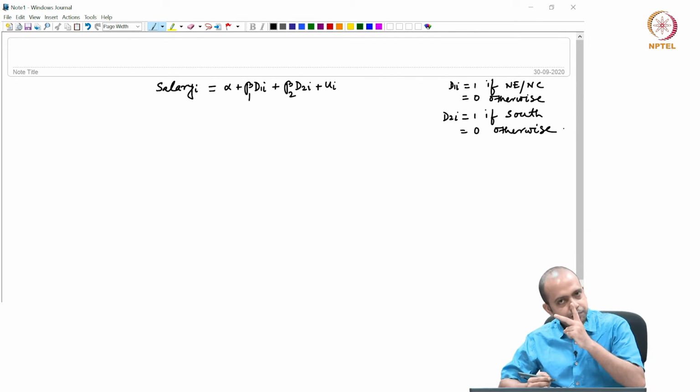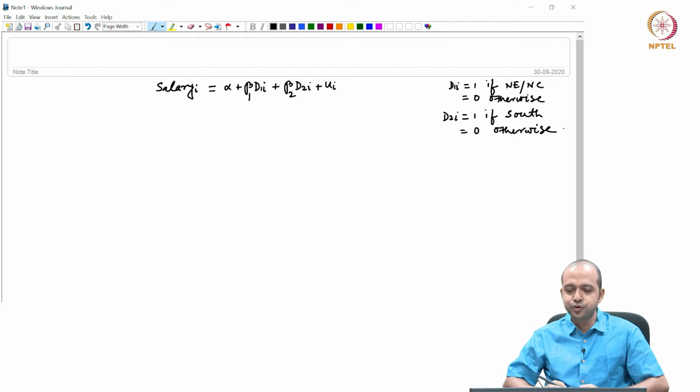Okay. We have three regions, that is why we have introduced two dummies, right. So, you can easily understand what our base category is here, for which we have not introduced any dummy. That means, when D1i and D2i both take the value 0, that indicates the base region, which is the western region in this particular example.